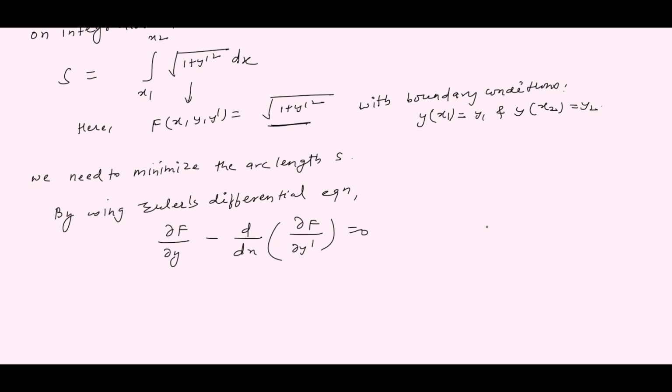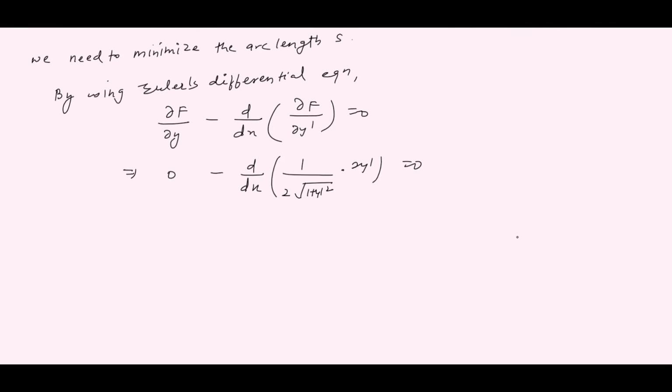But this functional is independent of x and y, so this derivative will be 0, minus d/dx. So now differentiate f with respect to y'. It will give 1 upon 2 square root of 1 plus y' square, and derivative of 1 plus y' square, that is 2 times y', is equal to 0.